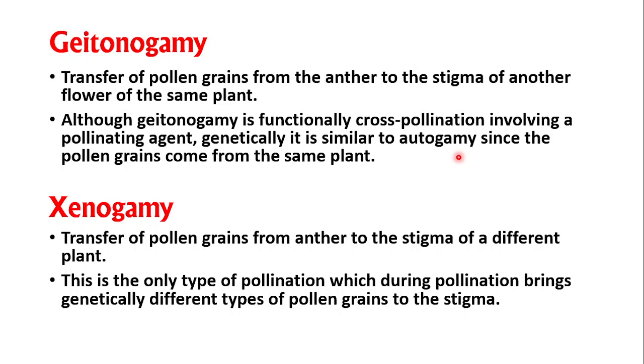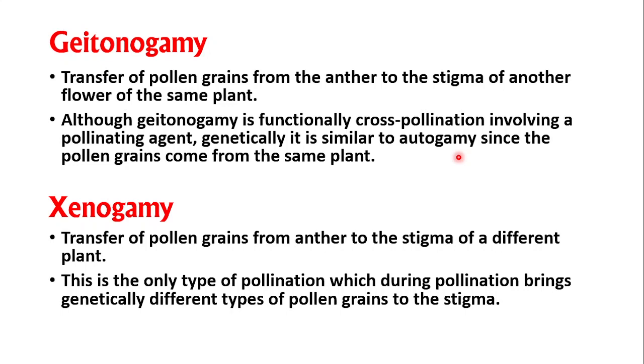Cross pollination means the transfer of pollen grains from one flowering plant to another flowering plant, from the anther of a flower of one plant to the stigma of a flower of another plant, right? So that will be taking place in case of xenogamy, right.